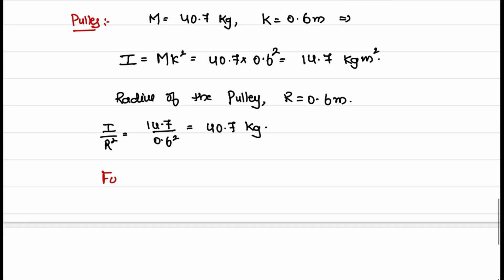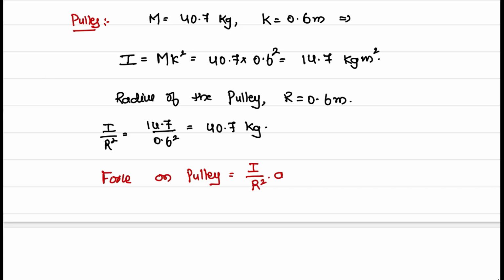Here, force on pulley is equal to I by R square into A, because I by R square has got the mass units. Here R I have taken and radius of gyration I have taken as same, hence you are getting similar values, but it will be different in different examples.